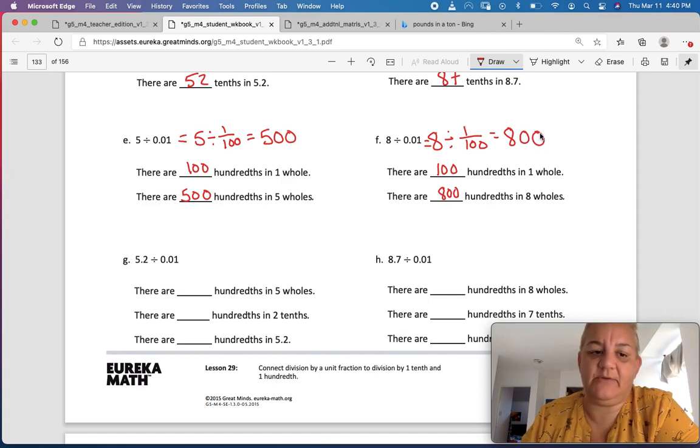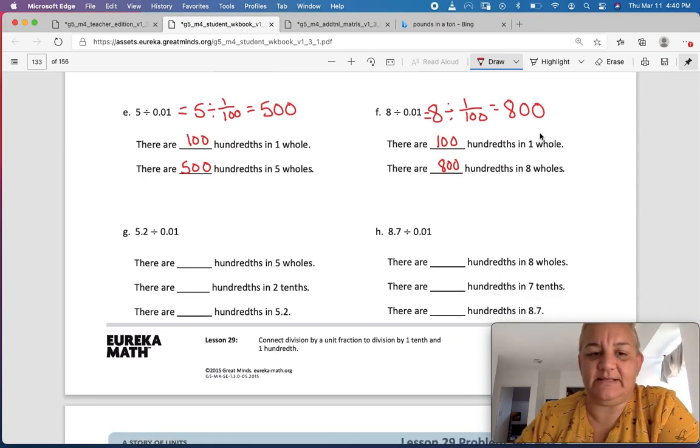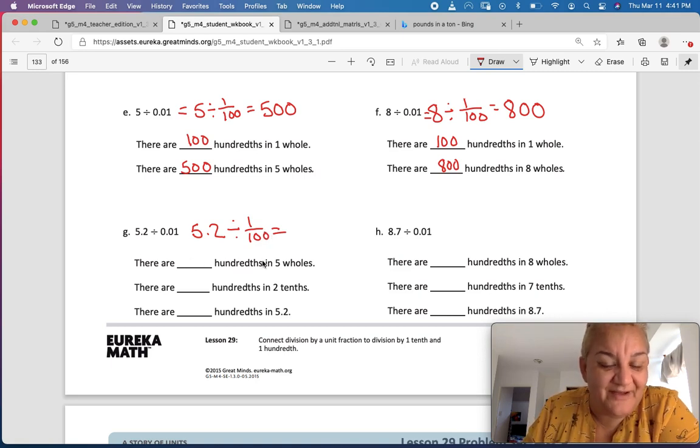All right, now we're gonna add some tenths here. 5 2/10 divided by 1/100th. Okay. So there are 500 hundredths in 5 wholes.